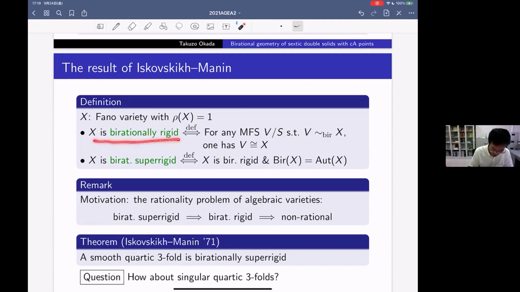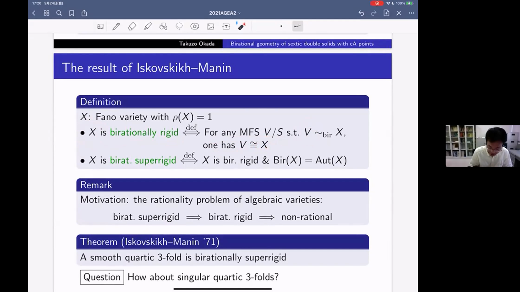It is birationally rigid if for any Mori fibre space V over S such that its total space V is birational to X, we have this isomorphism. So this X is the unique structure of Mori fibre space in the birational equivalence class of X.